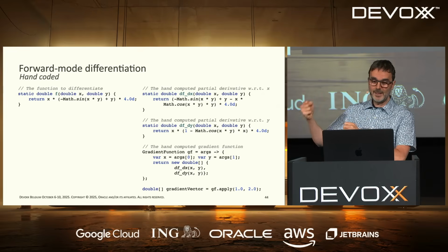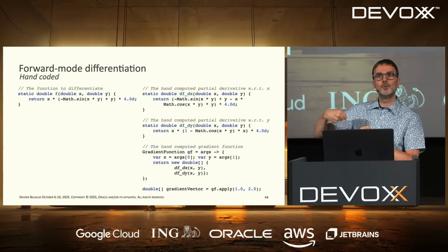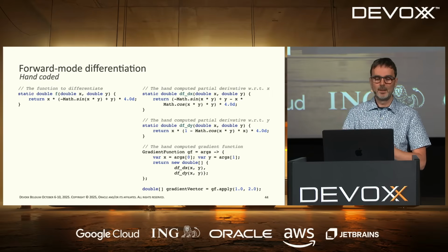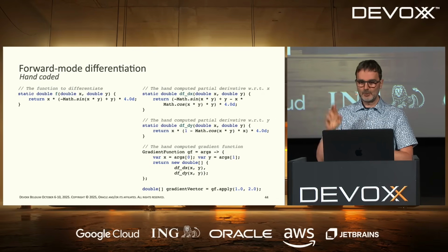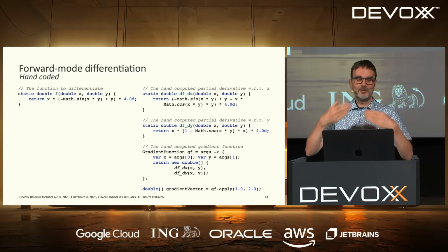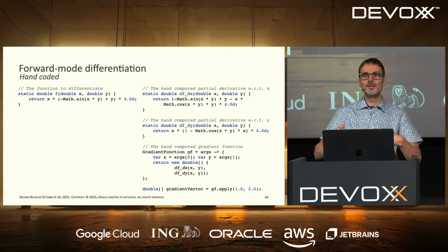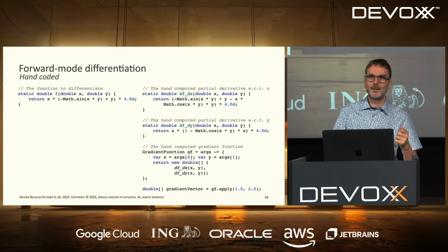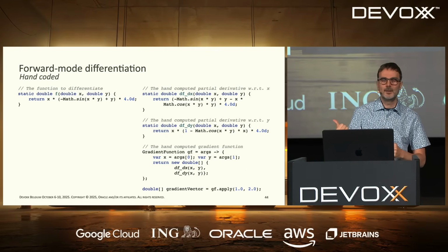So on the right-hand side are my hand-coded versions of the partial derivatives of this with respect to the independent parameters x and y. Trust me, I think this is true. I've checked it. I've simplified it. But it's hard work. You shouldn't have to do this. Even simple expressions like this are error-prone. And if I change the left-hand side, I'm going to have to change the right-hand side. I don't want to do that.